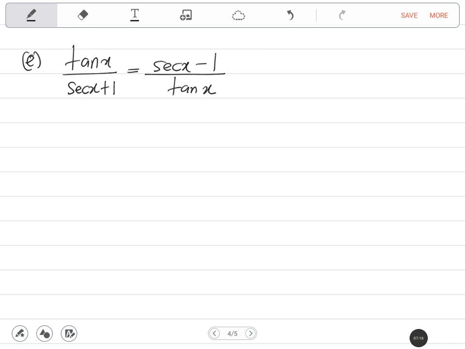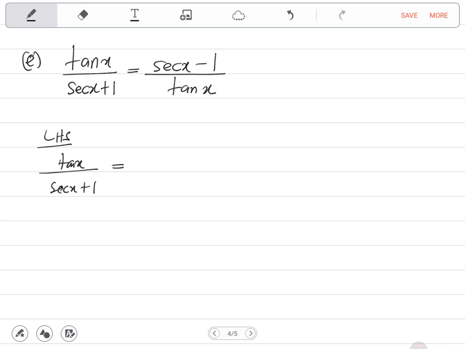The last one is tan x over sec x plus 1 is equal to sec x minus 1 over tan x. Just like flipping it. Let's take the left-hand side as usual, which is tan x divided by sec x plus 1. So what do we do?